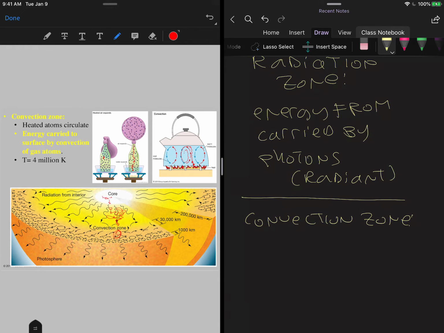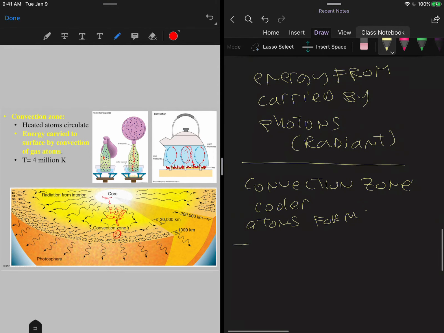So in these convection zones, what happens is that it's cooler than the lower regions. So atoms can form. And those atoms heat up, and they convect, and they create convection cells that carry the rest of the energy away. So I'll write it as written on the side there.